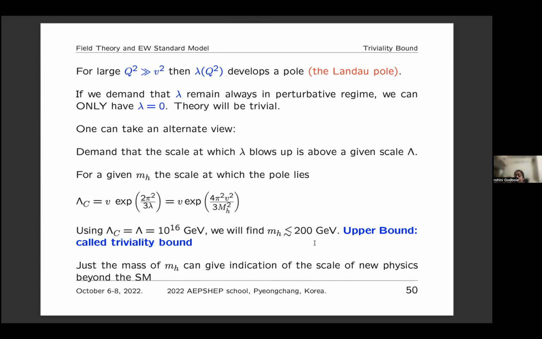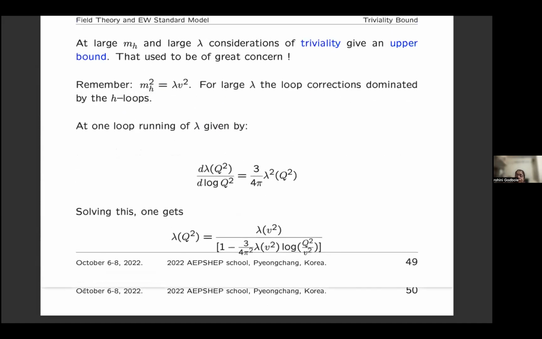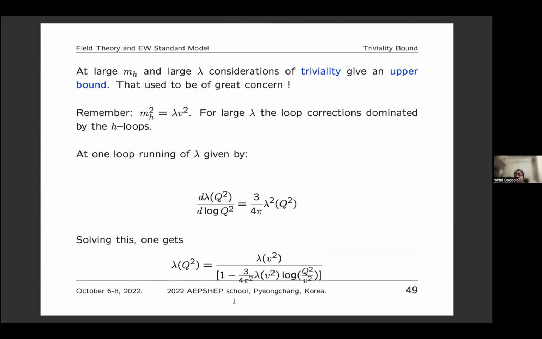So if the observed Higgs mass had been already beyond 200 GeV, then we would have said, aha, this tells us that the standard model breaks down at 10 to the 16 GeV. So this upper bound is called the triviality bound. And why is this the triviality bound? Because if lambda has to remain in the perturbative regime, then strictly speaking, from this region you will see that the only correct solution is lambda equal to 0.